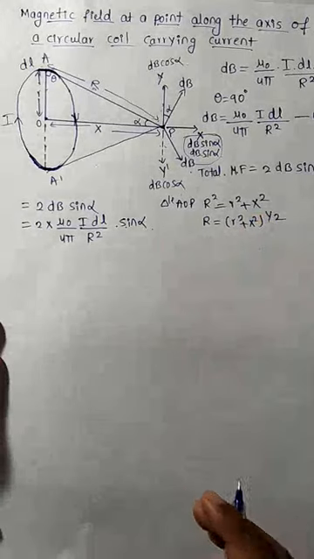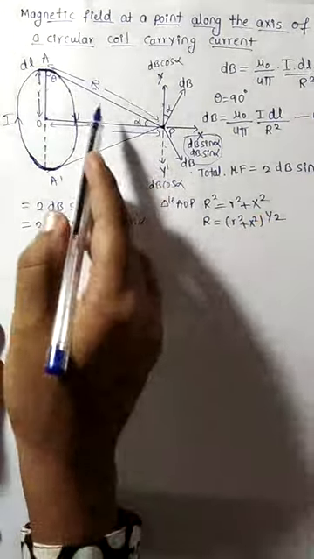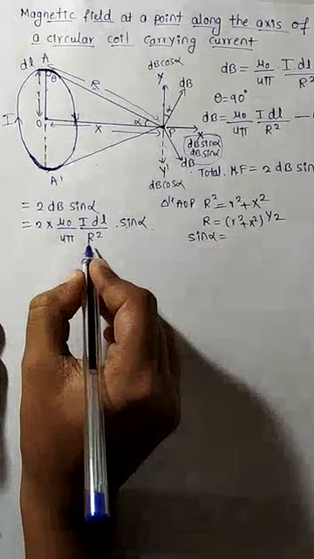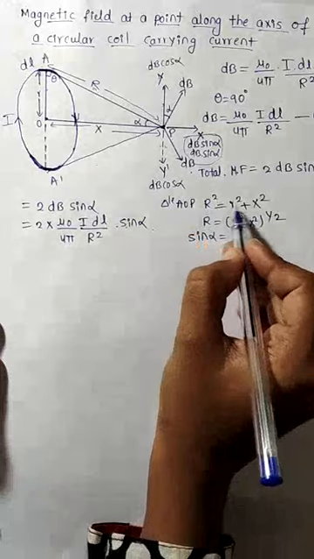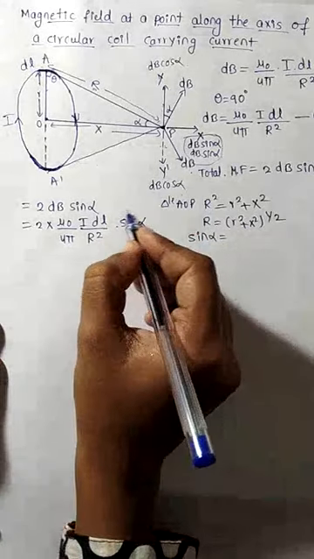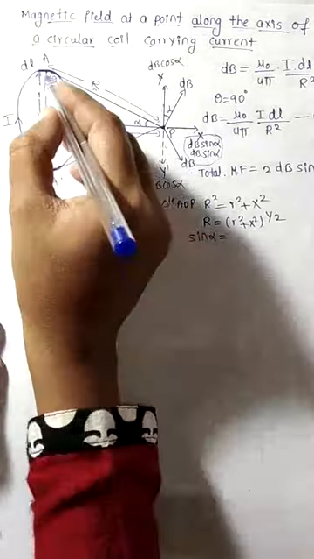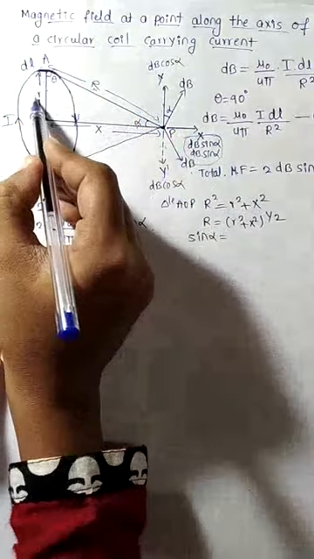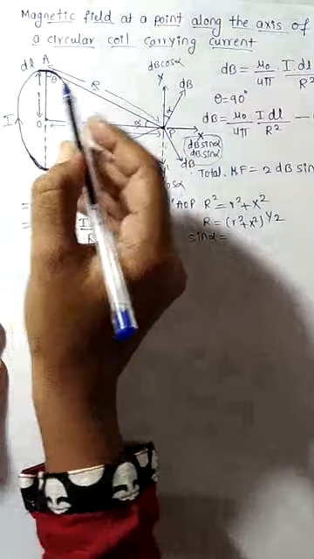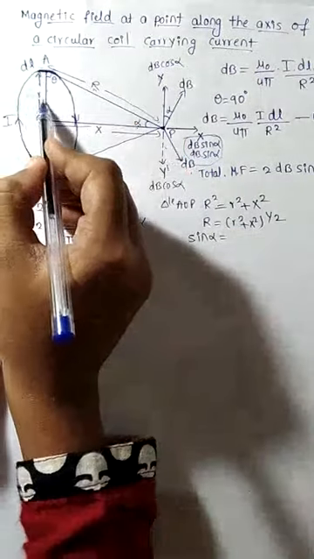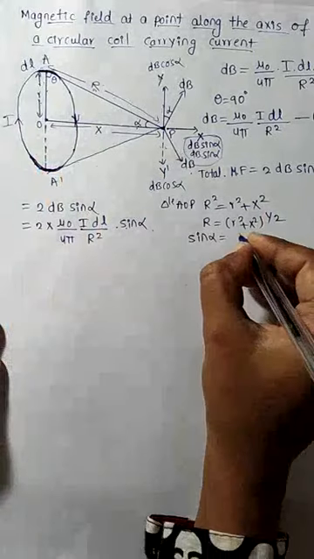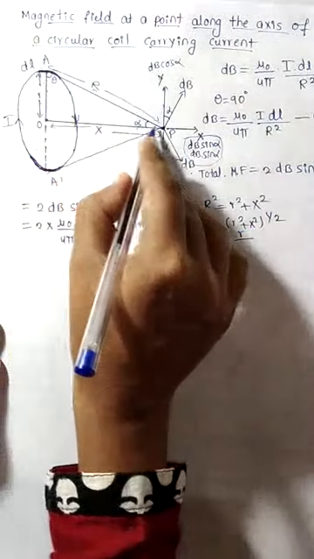We will get. Now the same triangle I will take and I will find the value of sin alpha, because we got the value of r square, that is r square plus x square. Now we should find the sin alpha value. So for this triangle AOP, sin alpha is nothing but the opposite side divided by the hypotenuse. So what is the opposite side? AO, nothing but the r value, radius. So sin alpha is equal to r divided by hypotenuse.